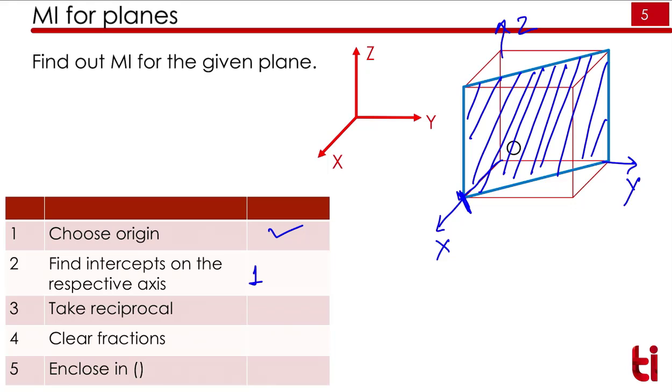Intercept on Y axis: this origin is 0 and Y equal to 1 is this. So intercept on Y axis is equal to 1. Intercept on Z axis is infinity as the plane passes through the unit cell in such a way that it is parallel to Z. So infinity is the intercept along Z axis. Take reciprocals: 1, 1 and 0. Clear fractions, enclose in parentheses.